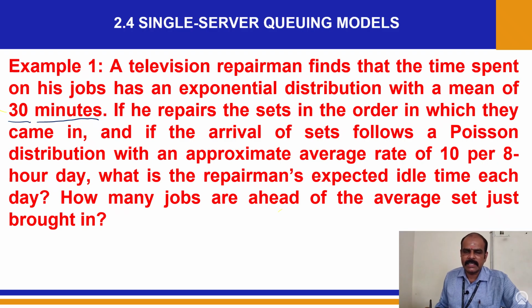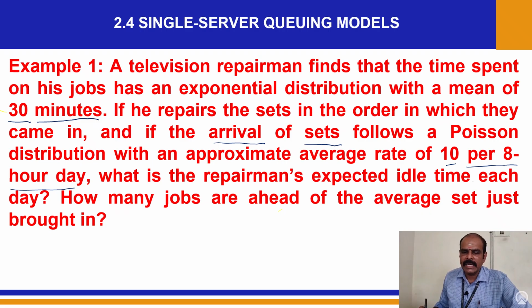If he repairs the sets in the order in which they came in, and if the arrival of sets follows a Poisson distribution with an approximate average rate of 10 per 8 hour day, what is the repairman's expected idle time each day?